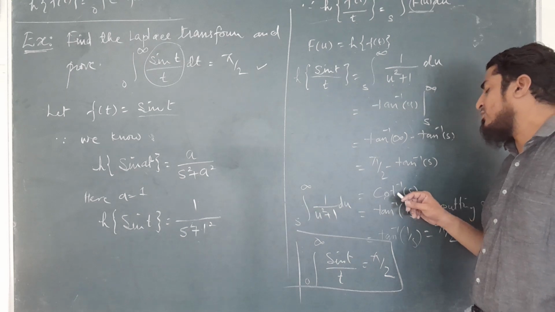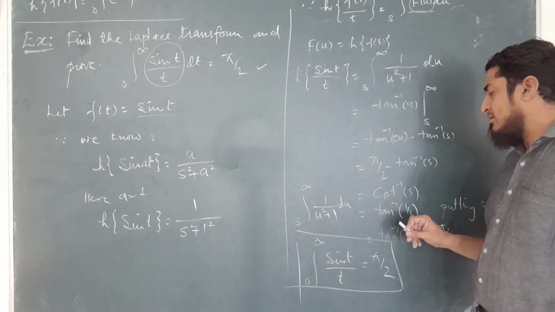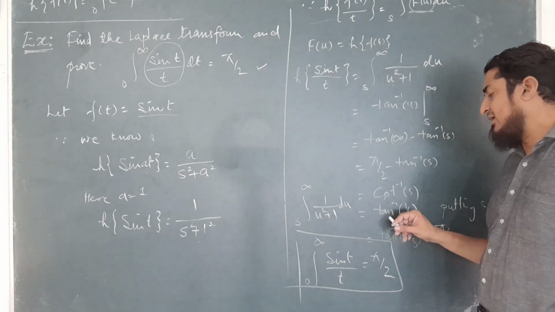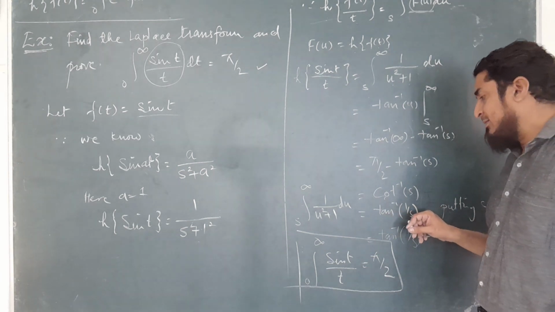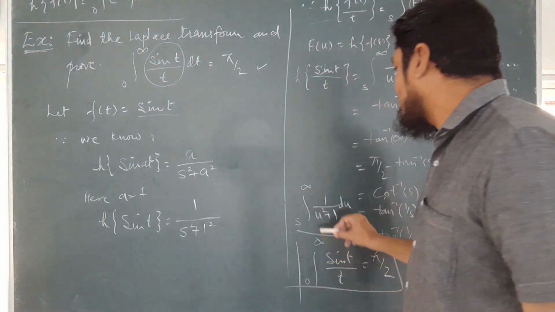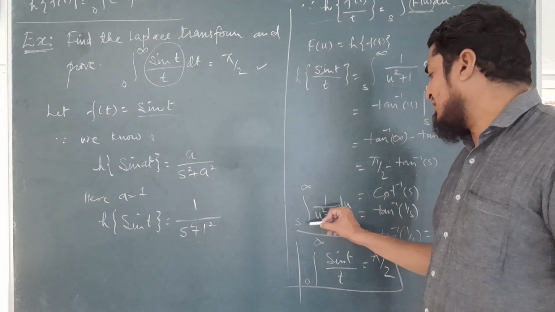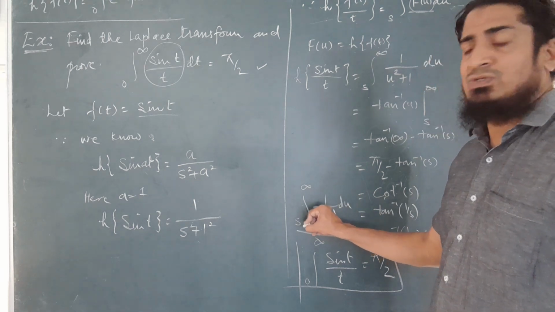And if we want to convert this cot inverse of s into tan inverse, we will get tan inverse of 1 upon s. Since we have integration from 0 to infinity, so we will get integration from 0 to infinity by choosing s is equals to 0.